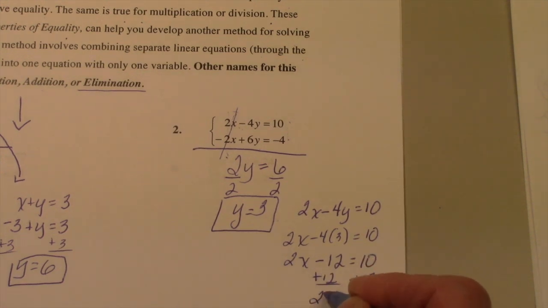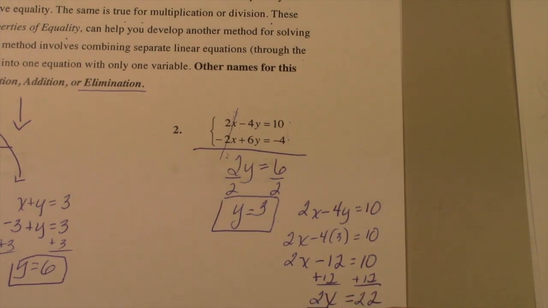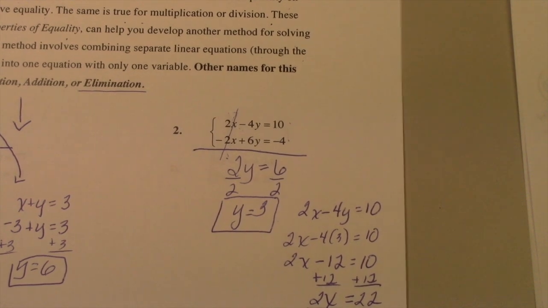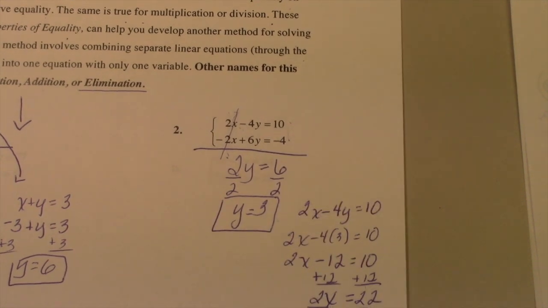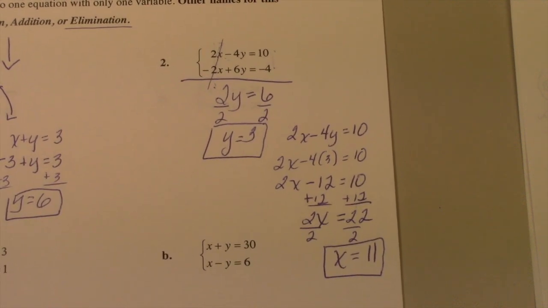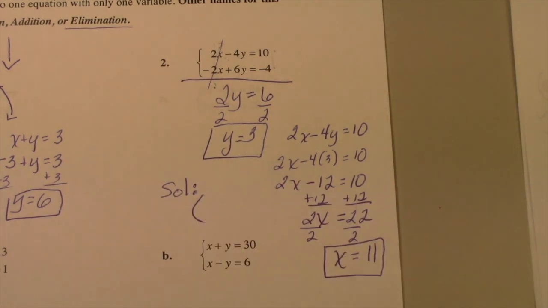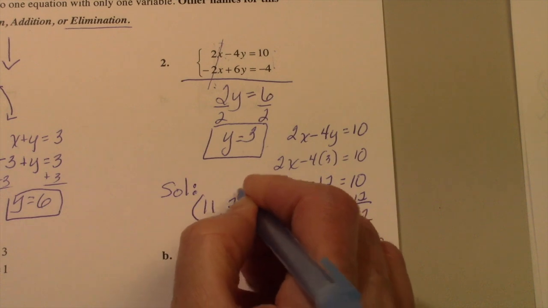I get 2x equals what? 22. Divide by 2, divide by 2. X is 11. The second step is longer than the first. Whoops, right out of the page. So my solution here is (11, 3).